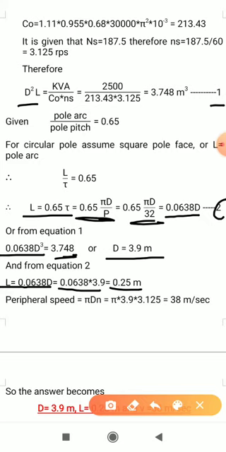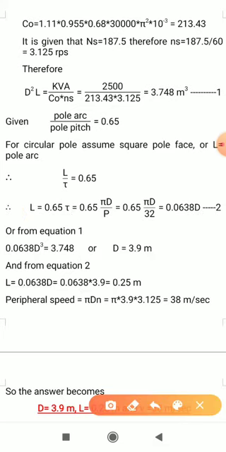Now the calculated value of d is 0.39 meter and L is equal to 0.25 meter. Along with d and L, it is asked to calculate the peripheral speed, and the peripheral speed is equal to pi d into n. So if we put here d equal to 0.39 and n equal to 3.125, then the value of the peripheral speed becomes 38 meter per second.